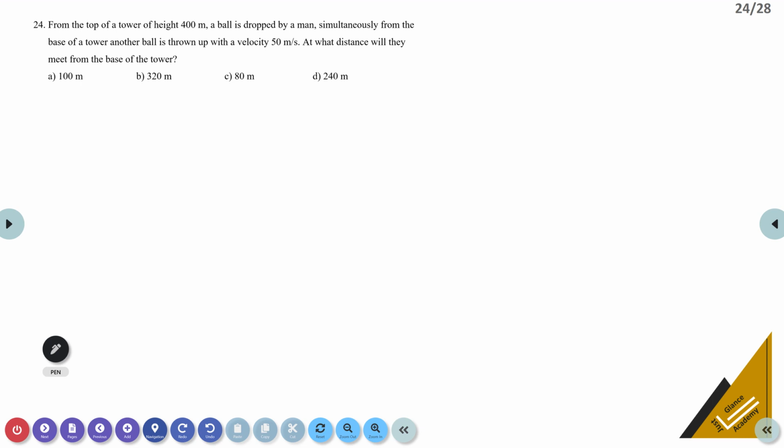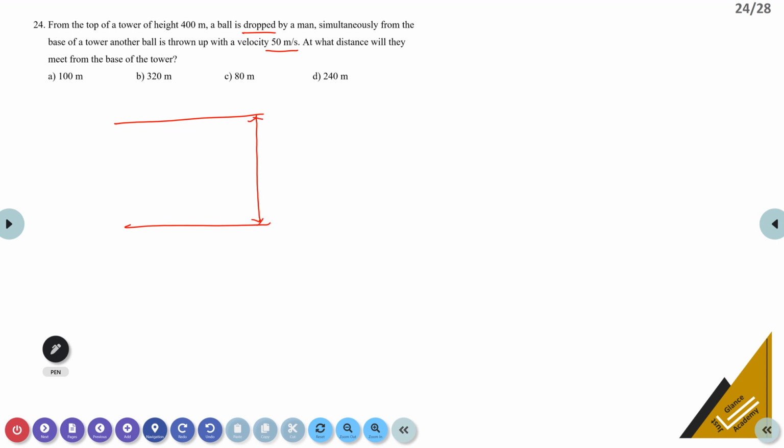From the top of a tower of height 400 meter, a ball is dropped by a man. Simultaneously from the base of the tower, another ball is thrown with a velocity of 50 meter per second. This also is solved. Okay, fine. This is the building height.